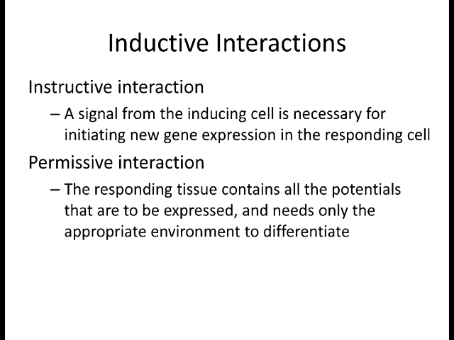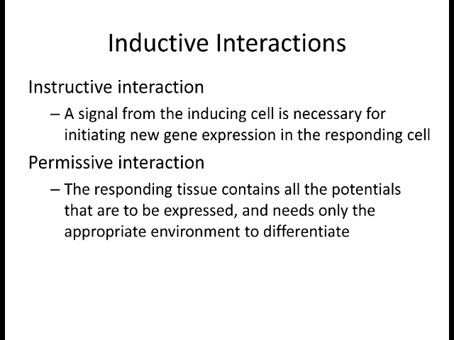It doesn't need any more instruction from any other tissues. But you still have to keep it in that environment because there are other factors. Maybe there's an extracellular matrix that the cells need to be able to maintain that. Maybe they need to be in contact with other cells. They don't necessarily need an inducer.